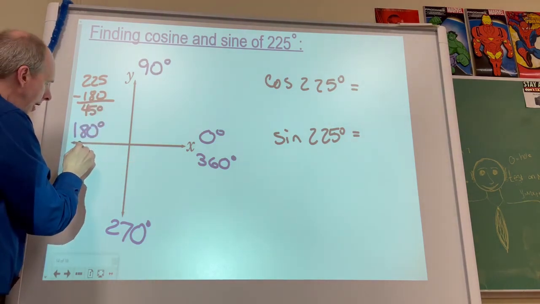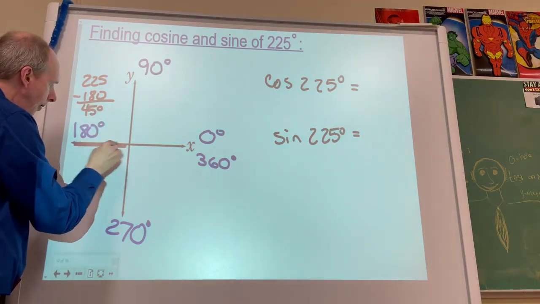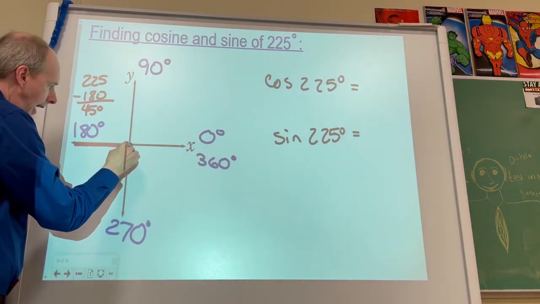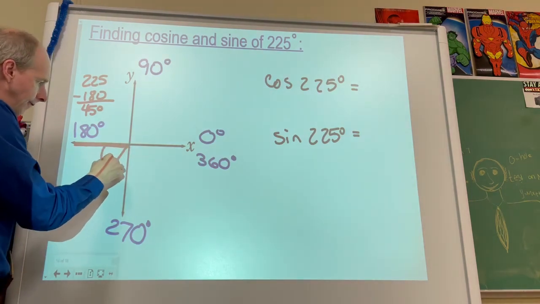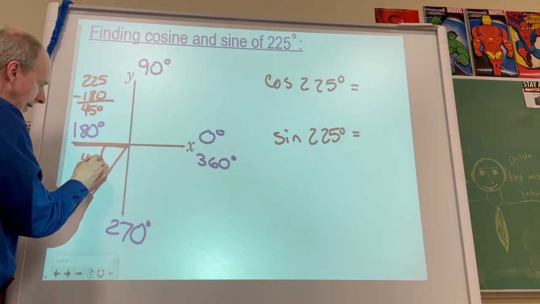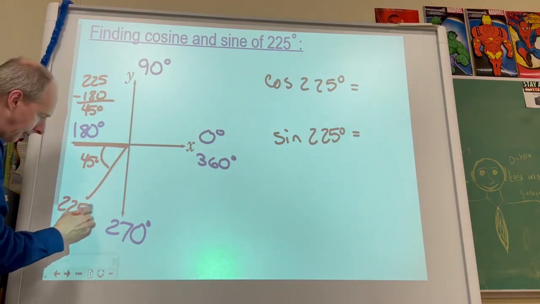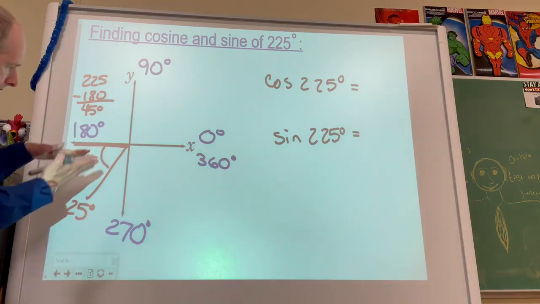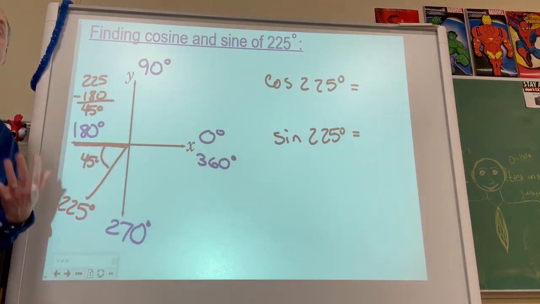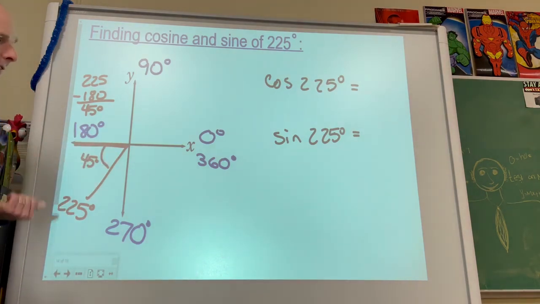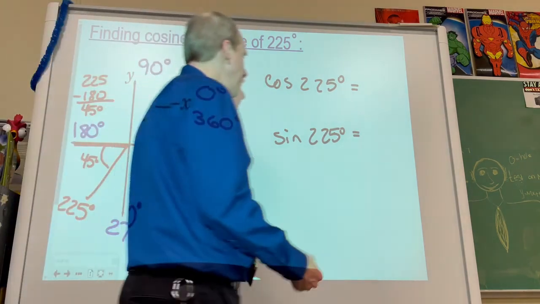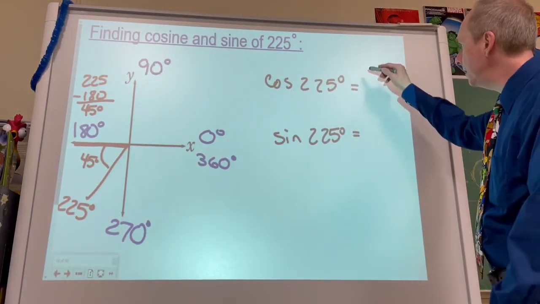So from 180, always from the x-axis, I want to dip down 45 degrees. There's my reference angle. 45 degrees puts me at 225. 225 is the same thing as 45 degrees. What's sine and cosine of 45 degrees?